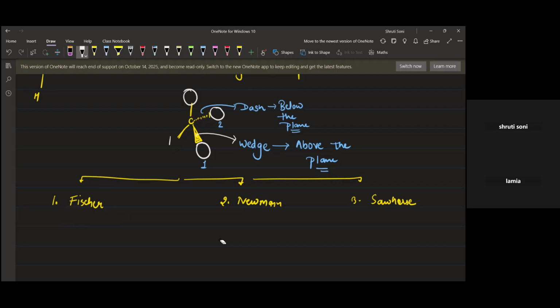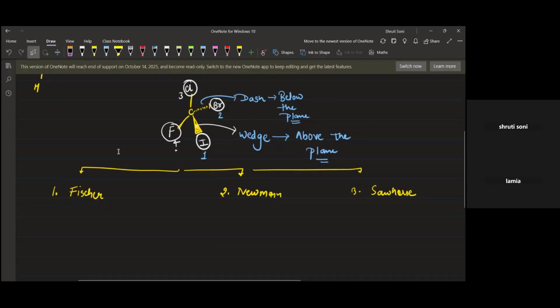I'll add fluorine, chlorine, bromine, and iodine in the fourth situation. Now the major part comes: how we will represent each molecule from 3D form to 2D form.